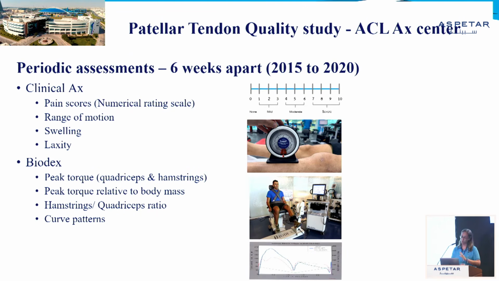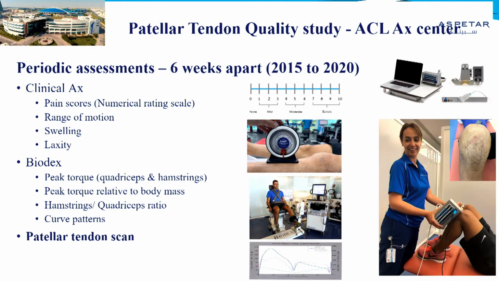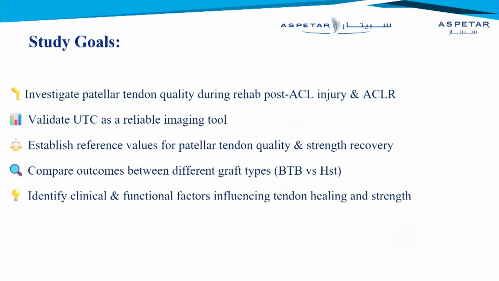When I started, we were including everything: the quads, hamstrings, the peak torque by body mass, the ratio, seeing the curve patterns, and all the echotypes, 1, 2, 3, 4, multiple areas of interest, everything that you can possibly imagine. So then here come the study goals. I wanted to investigate the patellar tendon quality during the rehab after injury and the reconstruction.